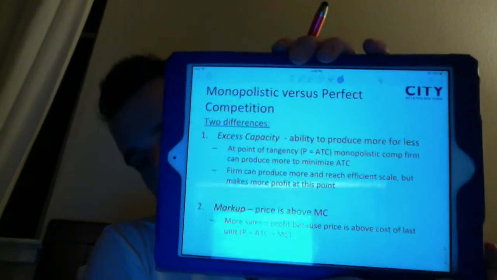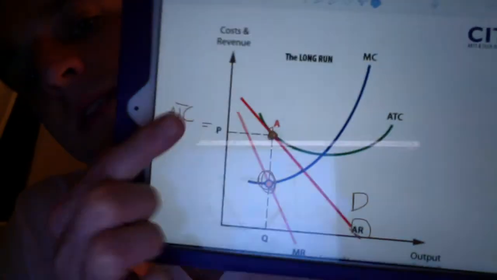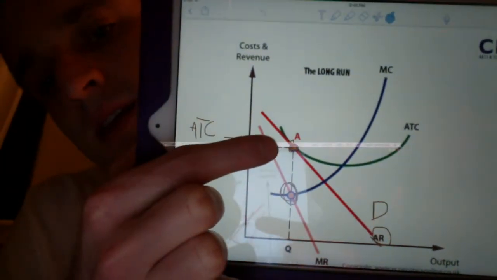They're very similar, but there's a few key differences. Two of them. First, there's excess capacity. So as we mentioned earlier, and I'll go back and take a look at the graph, because in the long run, we meet this equilibrium right here.